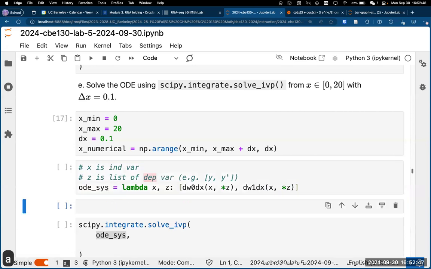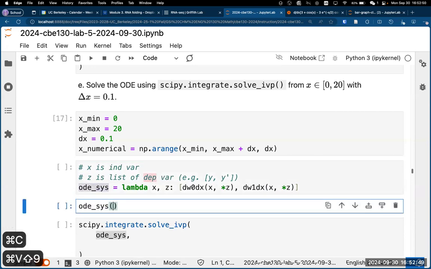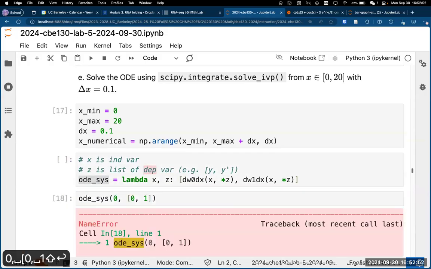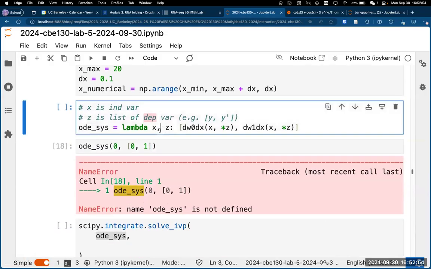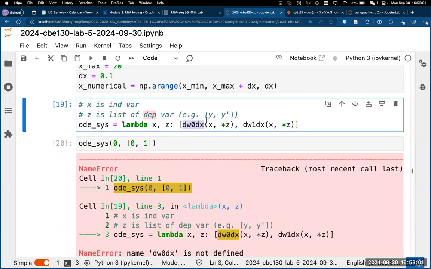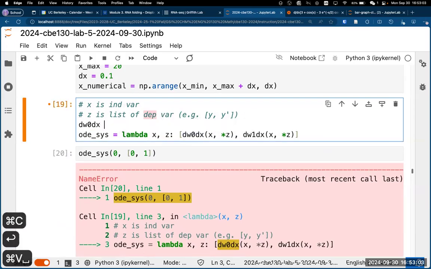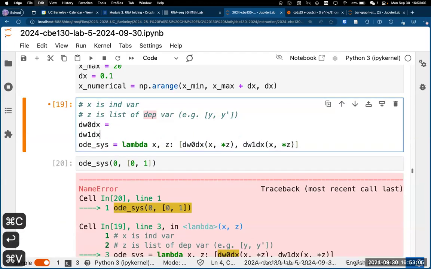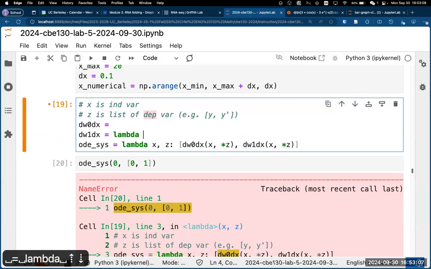Okay, if you run this now, it won't return anything good. The reason is because we have not defined dw0dx and dw1dx. So we need to define those. And these are also lambda functions. And they should take the same arguments. So they take the independent variable and the dependent variables.